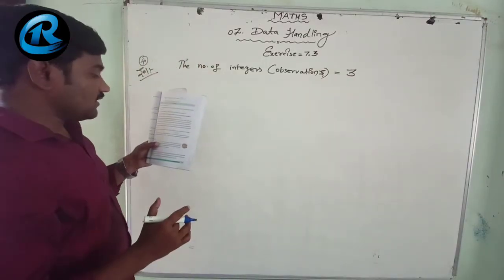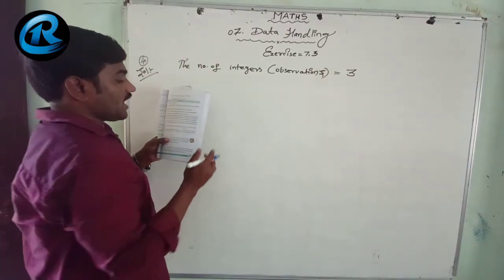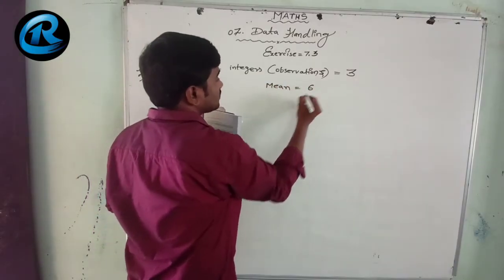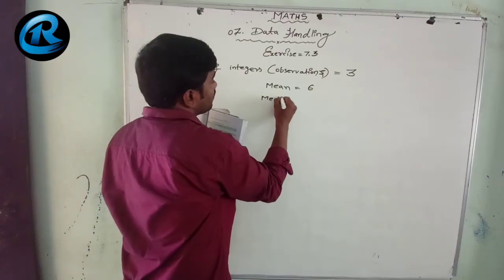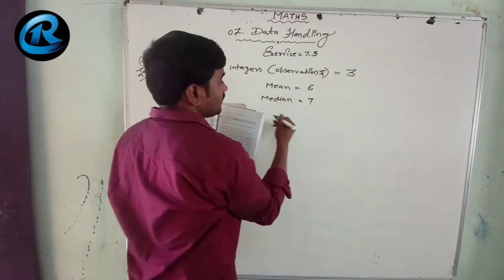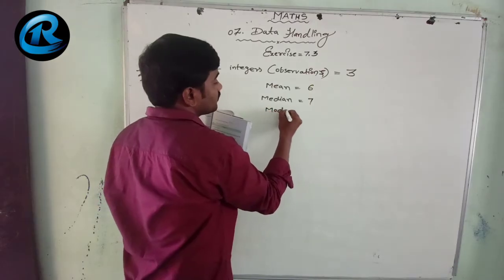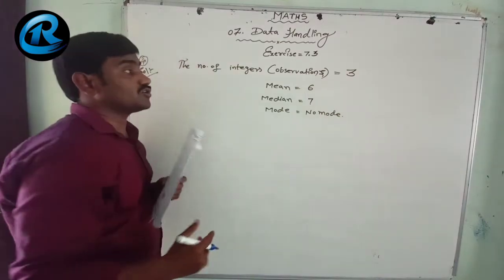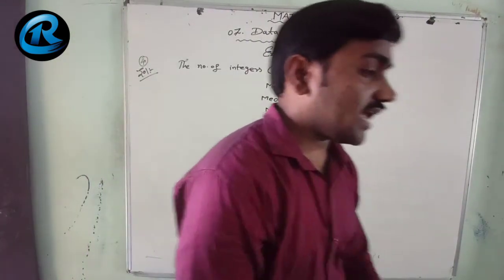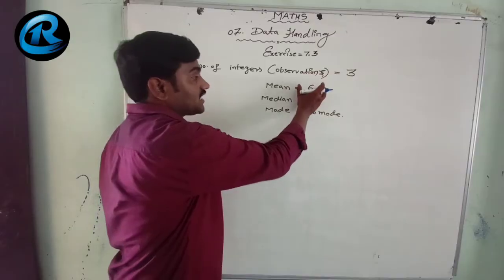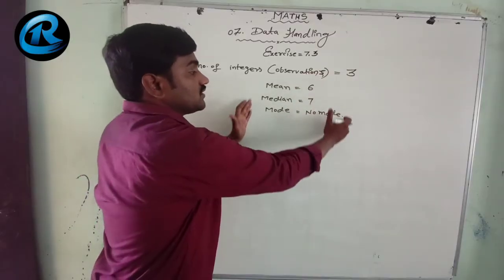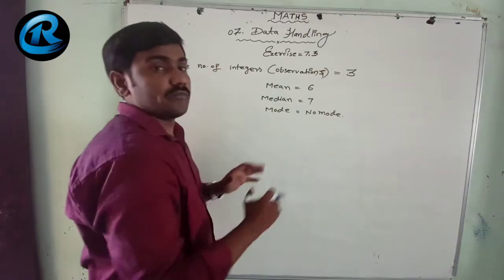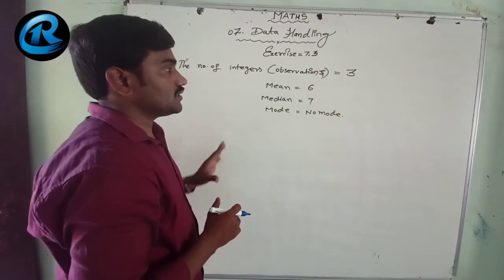Such that it should have a mean 6 and median 7, and there should be no mode. No mode means no number should be repeated twice. To satisfy these 3 conditions, how many sets of numbers can we write? That is what is being asked.